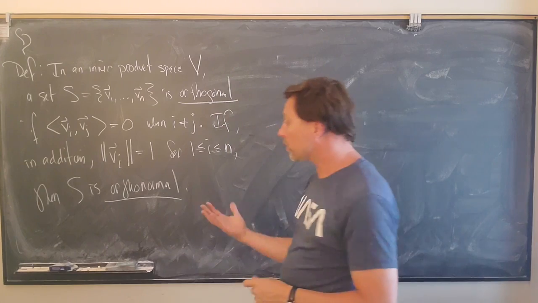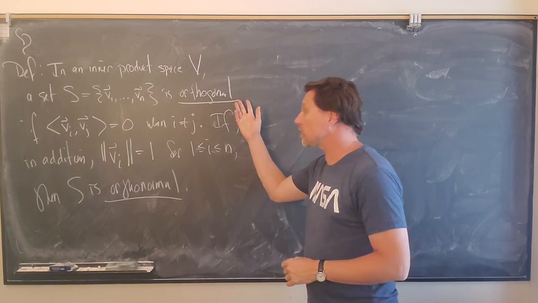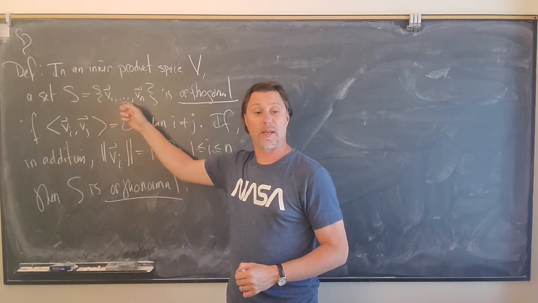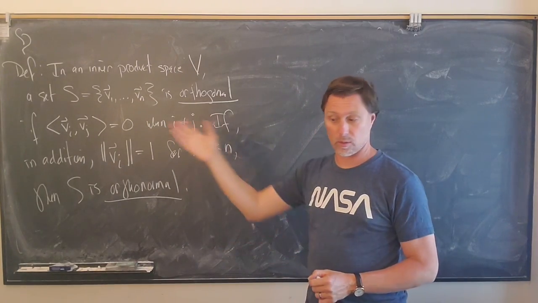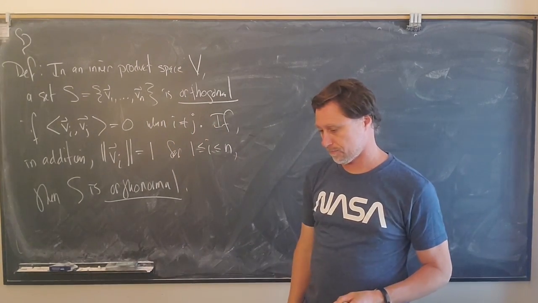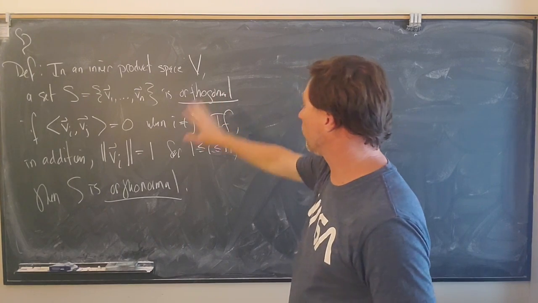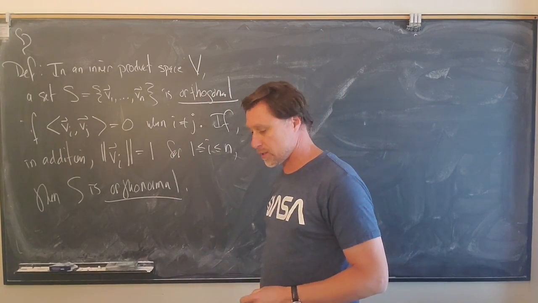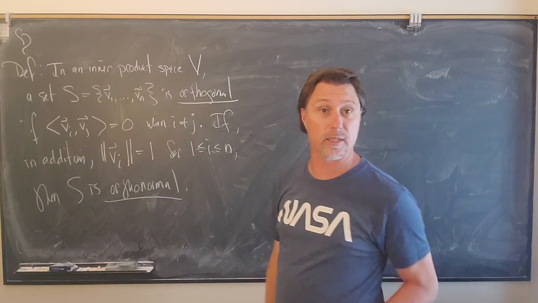So an orthonormal set is an orthogonal set in which every element has norm 1. So it's a collection of length 1 vectors. Okay, so orthogonal and orthonormal, those are the terms that we're going to be interested in today.